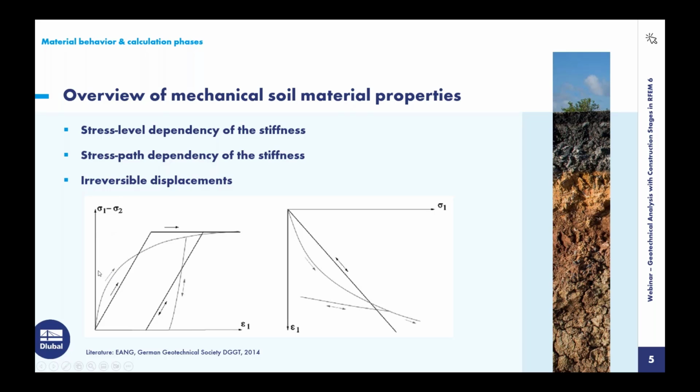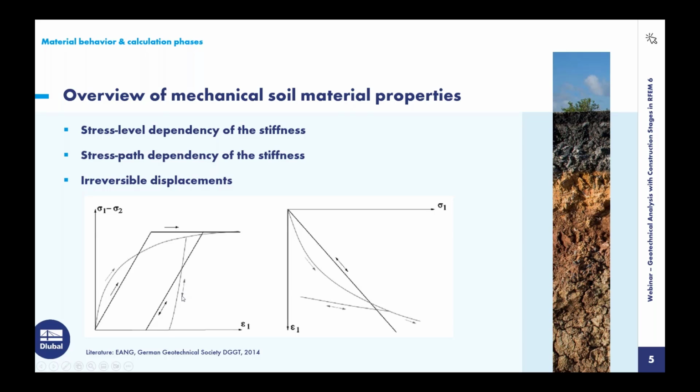The stiffness of soil shows a stress level dependency, which we can see here. If the stress is changing, the slope of the curve is changing, which means that the stiffness is changing. We also have a stress path dependency of the stiffness. There's a difference between first loading and unloading and reloading stiffness.